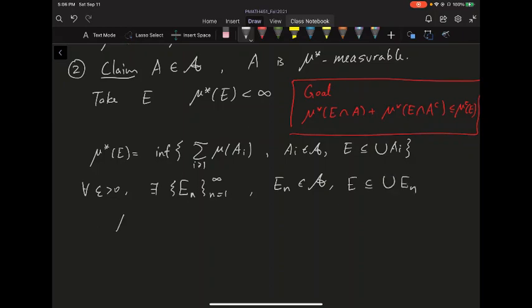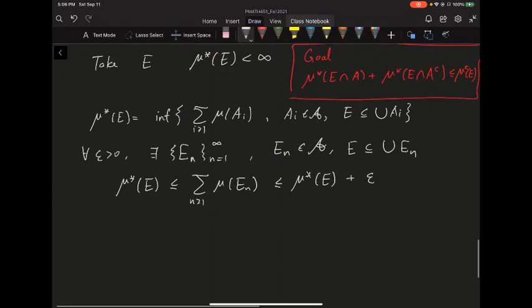And this En is a nice approximation of mu star of E. Because it's a cover, the sum of their mu of En has to be greater than or equal to mu star of E. But it's not too bad: it's less than or equal to mu star of E plus epsilon. Okay, so it's within epsilon of mu star of E.